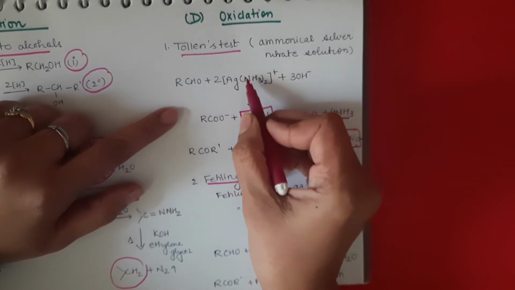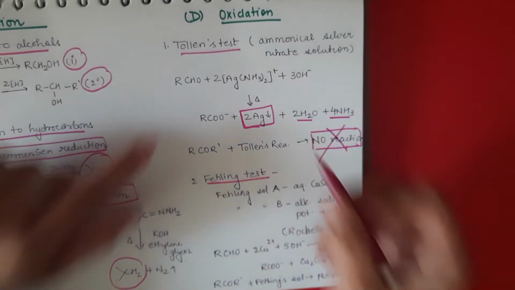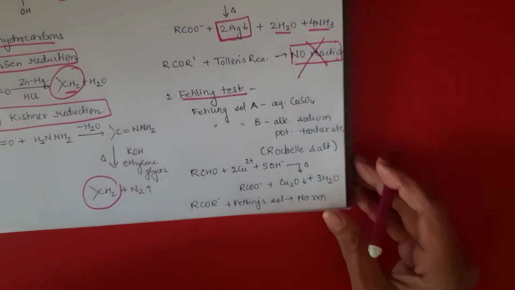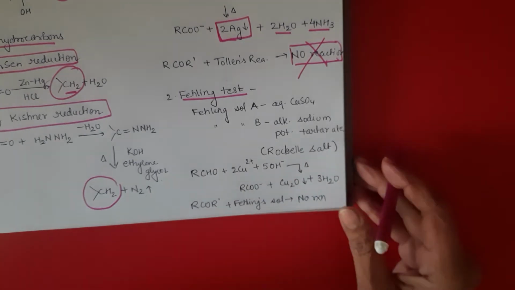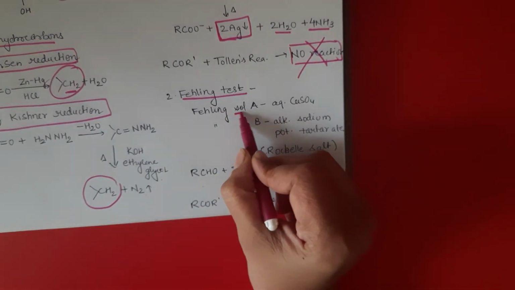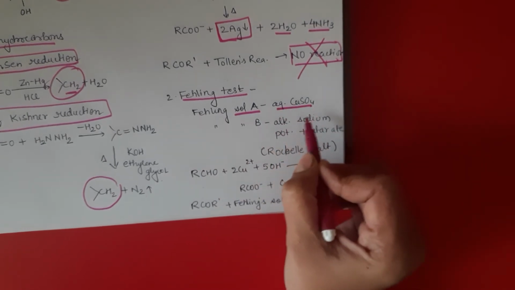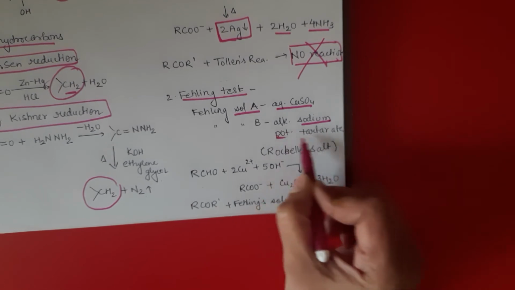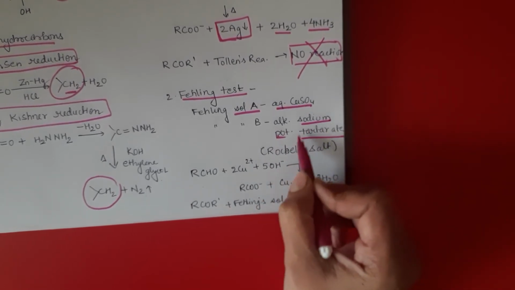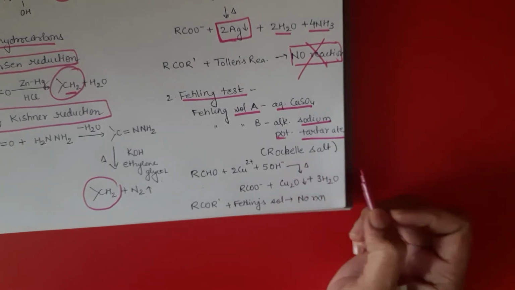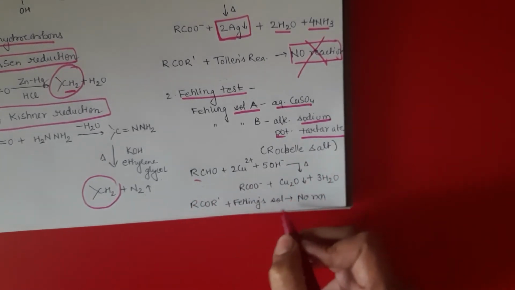And what is Fehling's test? Fehling's solution actually has two parts, A and B, and we mix both. Fehling's solution A is aqueous copper sulfate, and Fehling's solution B is alkaline sodium potassium tartrate, also known as Rochelle salt.